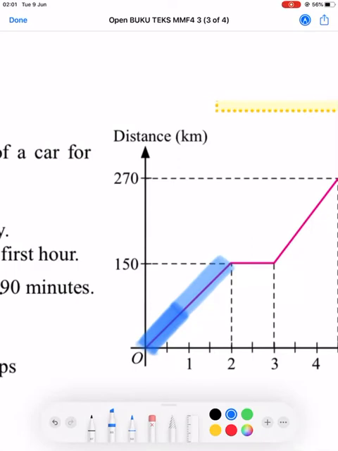And don't forget, the gradient for the first hour or for the first 2 hours, they are both the same because they are on the same straight line. Along that straight line, the gradient is the same. So when the question asks you to find the speed for the first hour, you can just use the gradient for the first 2 hours. It will be the same.